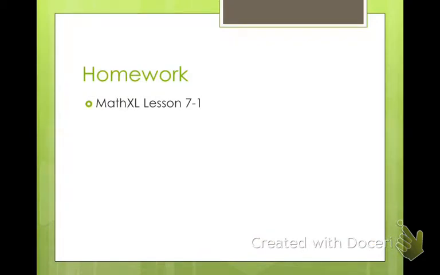What I would like you to do is, we didn't do any graphing. So I'm going to have you graph. Just because graphing is so important, we need to learn how to do this.